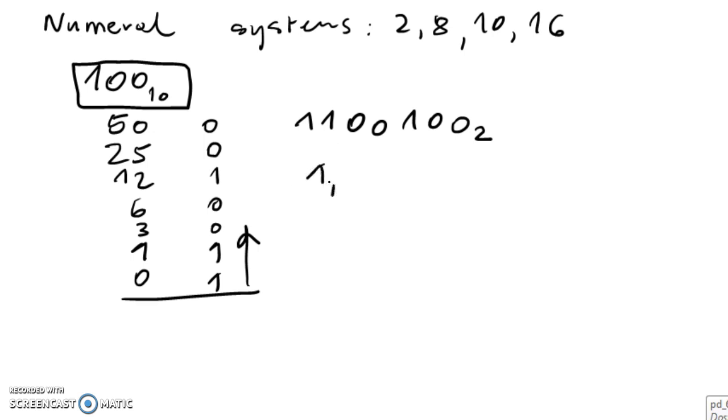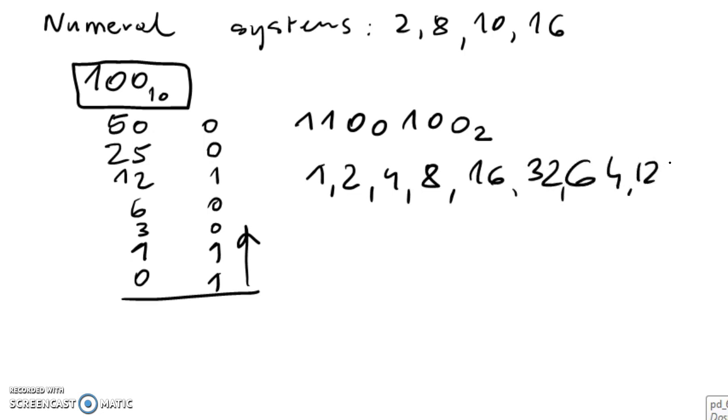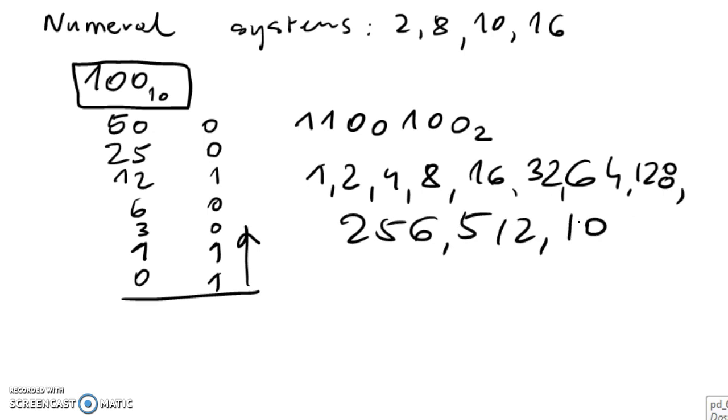So it is 2 to the power of 0, 1, 2, and 16, 32, 64, 128, 256, 512 and 1024. That's enough.